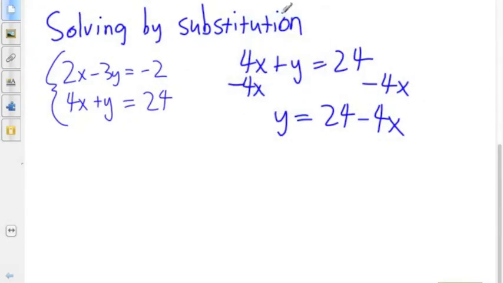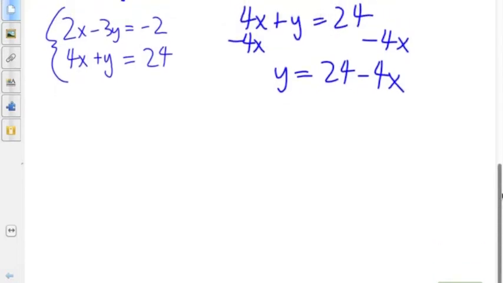So now that I have found what y is in this equation, I'm going to plug it in for y in the other equation. That other equation is 2x minus 3y equals negative 2. Now I'm going to have 2x minus 3, but instead of y, I now have this whole quantity as y.